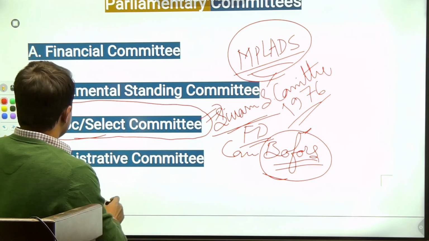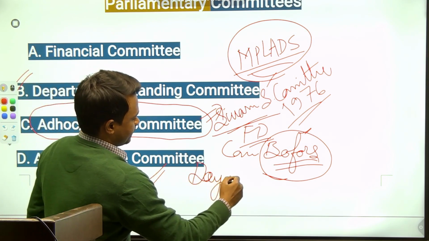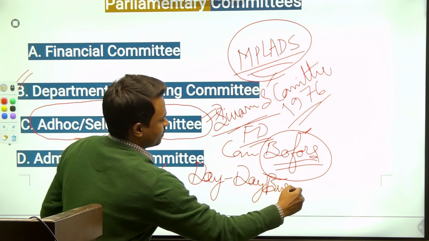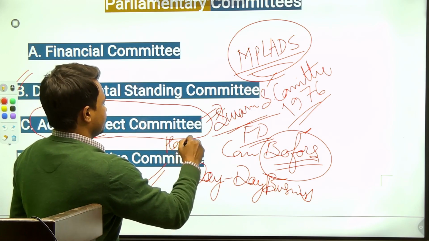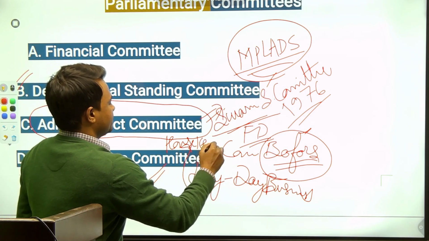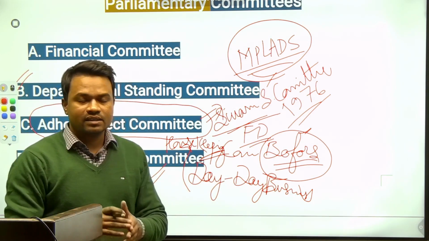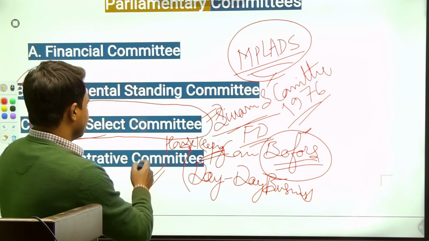And the administrative committees are to look after day-to-day business, or housekeeping. These are the administrative committees, to look after matters confined to parliamentary affairs, or the transaction of business.